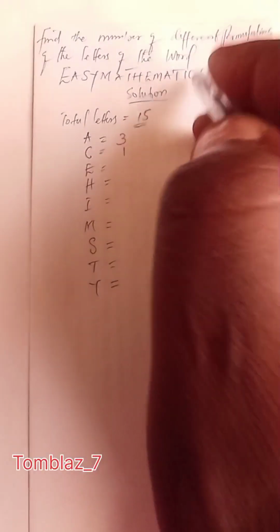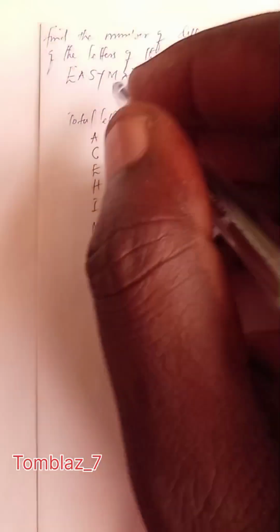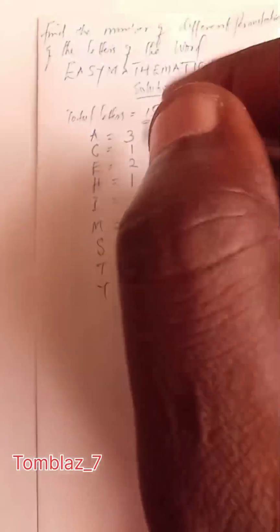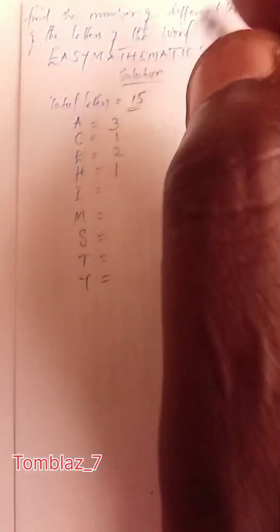So what are the numbers of their occurrences? A appears how many times? 3 times. So count A. 1, 2, 3. C, 1 time. E appears how many times? 1 here and 1 here, 2. H appears how many times? Only 1. I appears how many times? 1 as well.